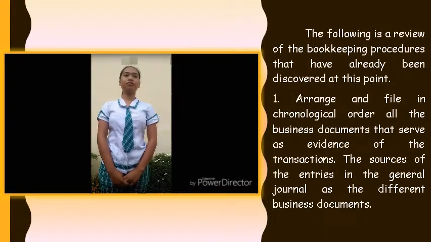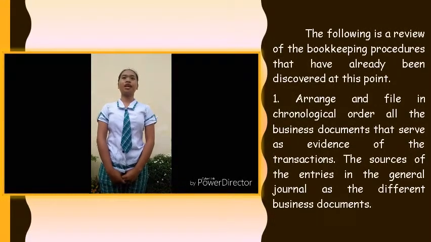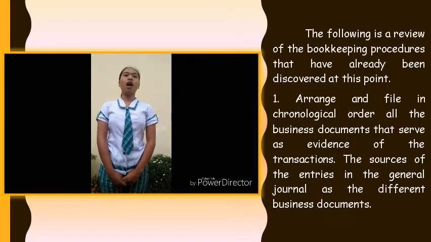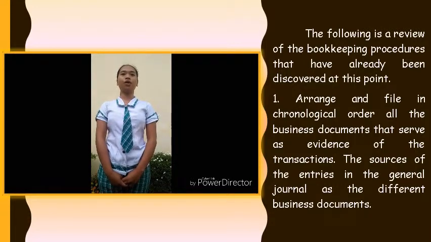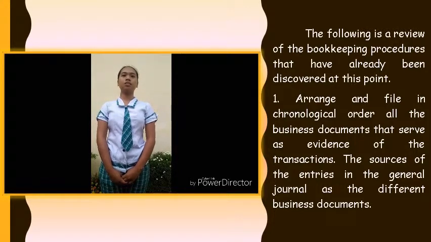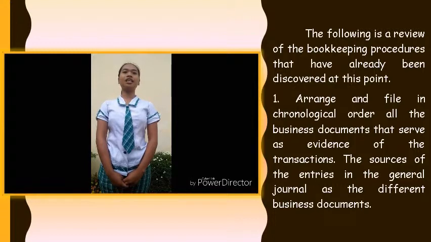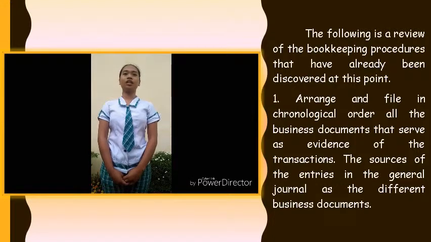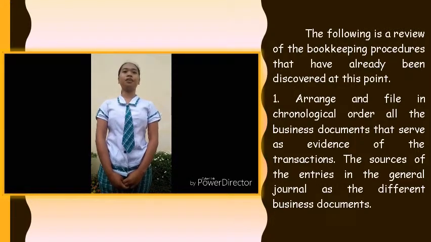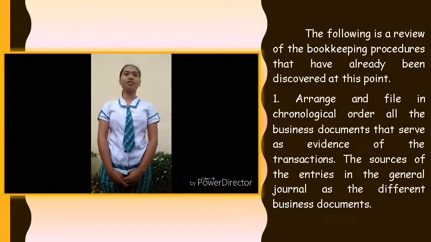The following is a review of the bookkeeping procedures that have already been discussed at this point. Number 1. Arrange and file in chronological order all the business documents that serve as evidence of the transaction. The sources of the entries in the general journal are the different business documents.